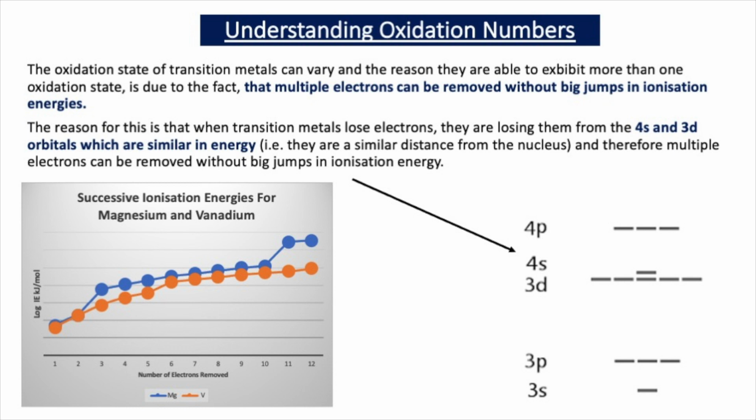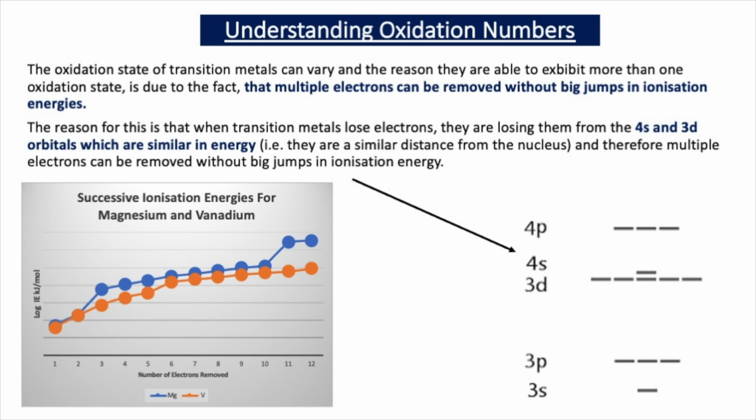So when a transition metal bonds to another element, it's losing the 4s and the 3d electrons. As these are similar in energy, there are no big jumps in ionization energies when you remove these electrons. The ionization energy just increases steadily.